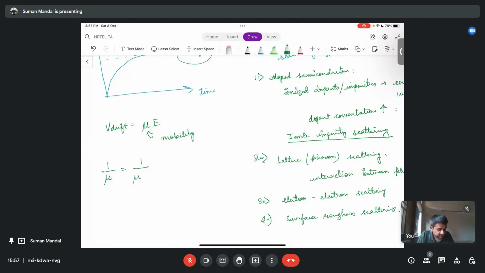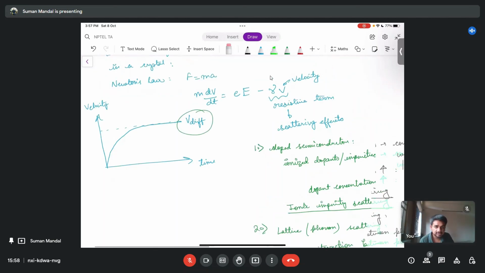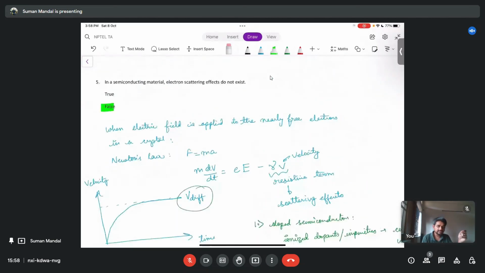It has the effect of all kinds of scatterers, and so the final drift velocity is actually being affected by all of these kinds of scattering effects. Therefore, all crystals undergo scattering effects, including semiconductors. So the answer is false.